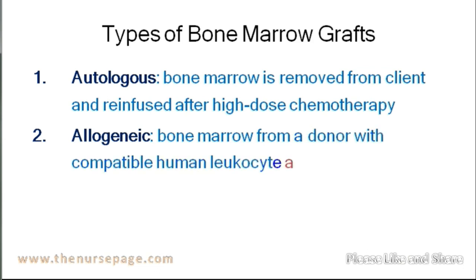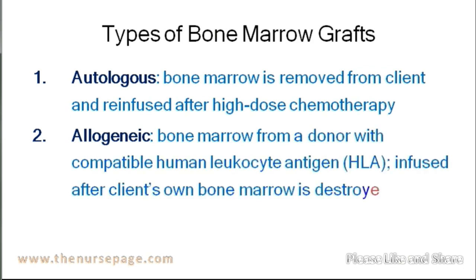Next type of bone marrow graft is allogenic. Allogenic means bone marrow from a donor, that is, another person. Bone marrow from a donor with compatible human leukocyte antigen. That is important. It is infused after the client's own bone marrow is destroyed by chemotherapy or radiation.